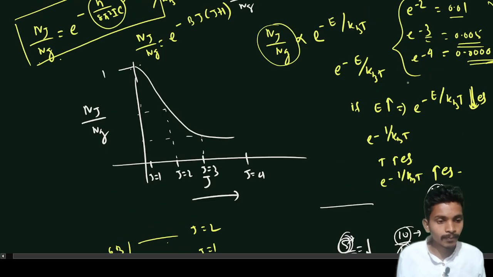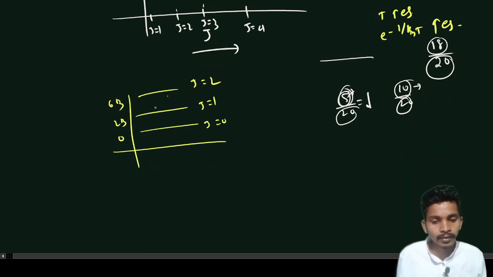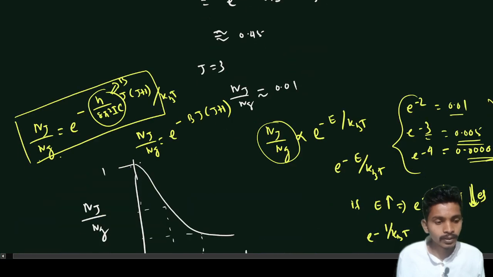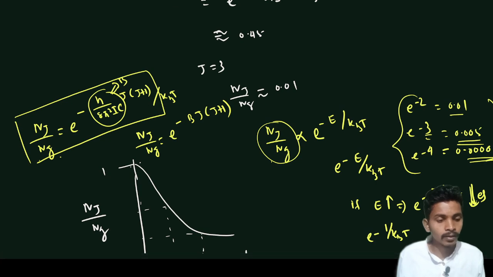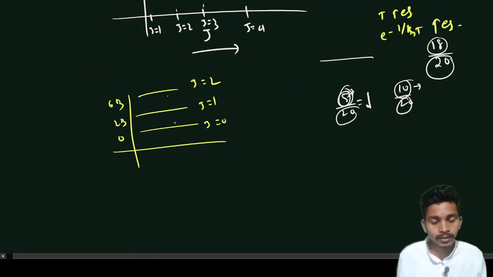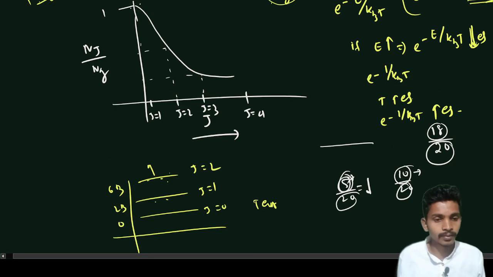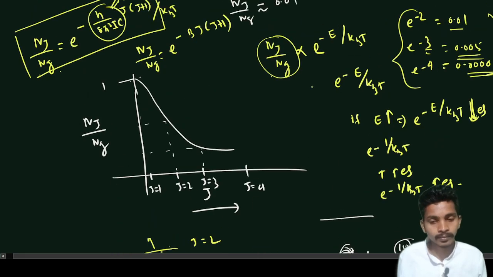But if the temperature increases, this ratio increases, because of the inversion. So if temperature increases, the number of molecules in higher levels also increases and the density will be higher. That's what this equation says.